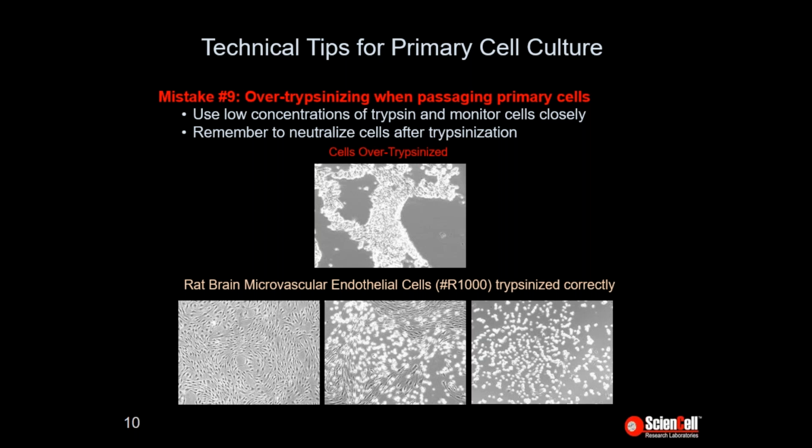We specifically recommend using a trypsin neutralization solution known as TNS, which is specially formulated for primary cells, but 10% serum or soybean trypsin inhibitor can also be used. As a note, blocking only with medium will not be sufficient to stop the action of the trypsin.